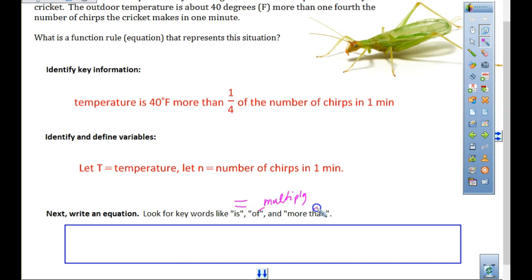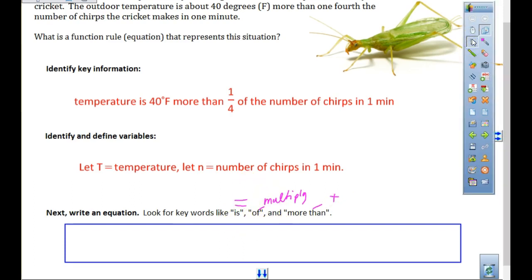And if we say more than, you think of being what? What operation? Add, subtract, multiply, divide. Addition, probably more than. Less than would be subtraction. If I say 2 times or twice, that would be multiplying, right? So more than is usually going to be addition. The key word of the is and the of, we are looking at that.